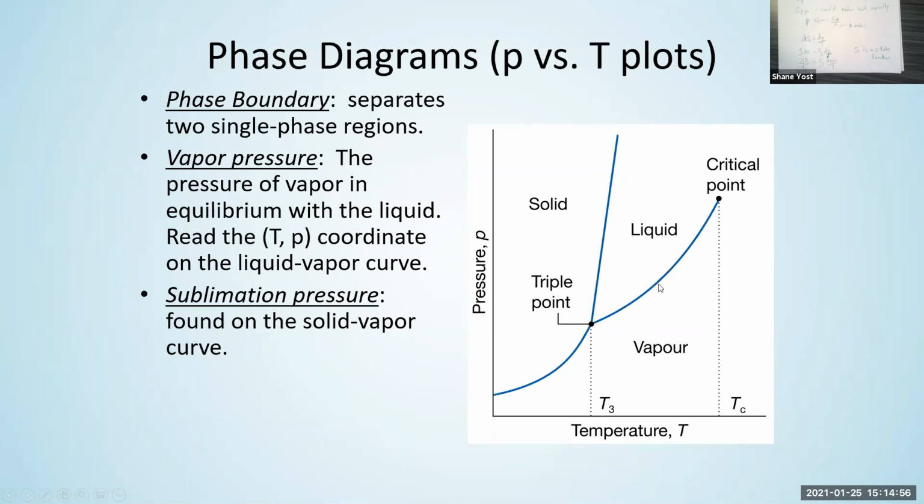If I want to know the boiling temperature at a certain pressure, I can use this phase boundary, because the pressure of my liquid has to equal the external pressure. So I draw a horizontal line at that pressure, find where it equals the vapor pressure of the liquid, which is at the phase boundary, and then go down to get the temperature.